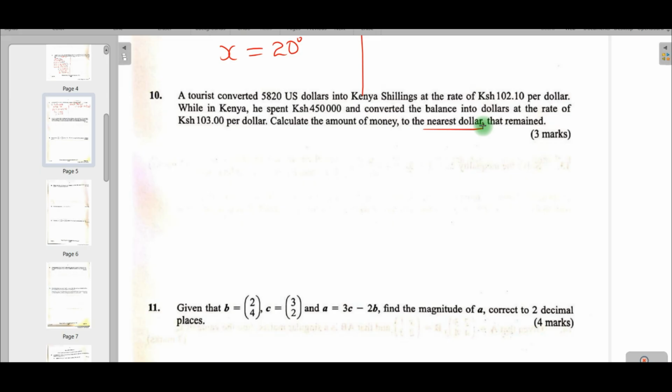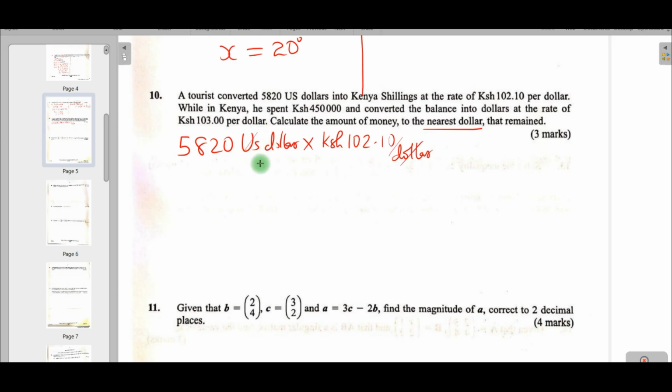And therefore, since we are converting US dollars to Kenyan shillings, that's a foreign currency to the local currency, this is the rate per dollar. So we need it in Kenyan shillings, so we have 5820 US dollars times 102.10 Kenyan shillings per dollar.